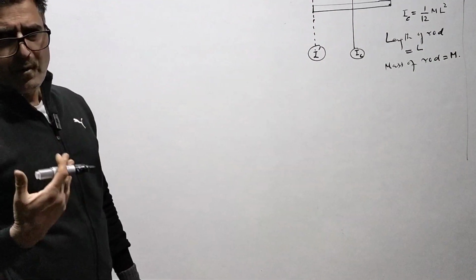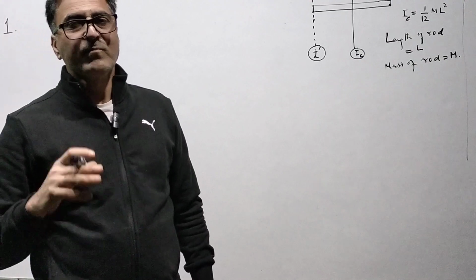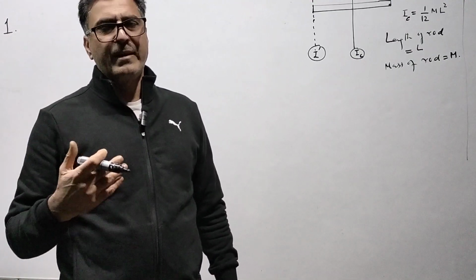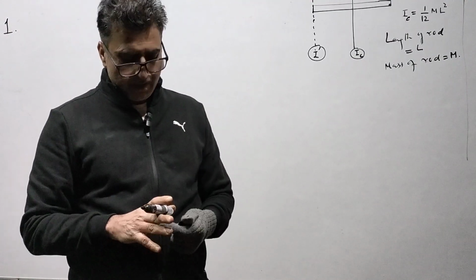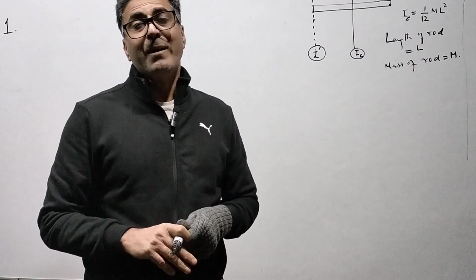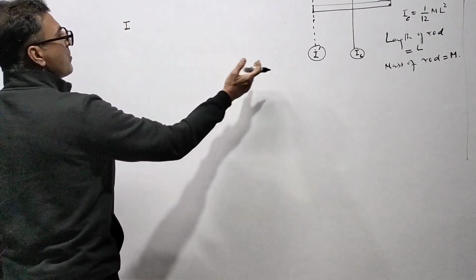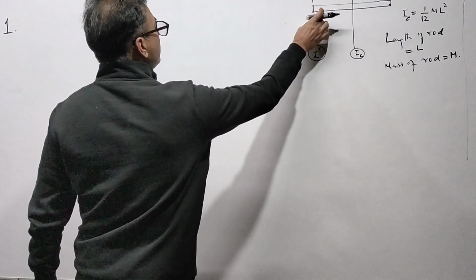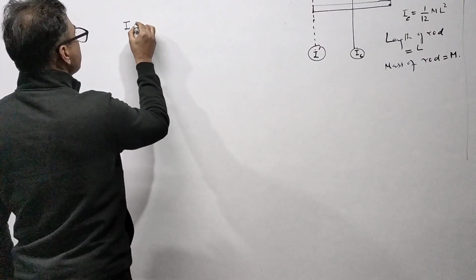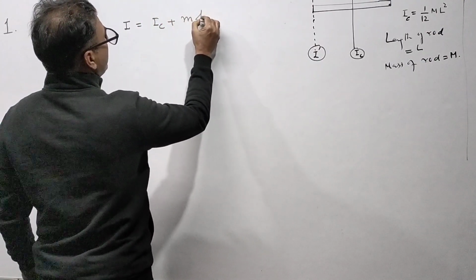So which formula are we going to use here? If you remember, in earlier lectures on rotational dynamics, I explained to you the parallel axis theorem. The parallel axis theorem was: the moment of inertia I about any axis, maybe this or any other axis, is IC plus mh square.